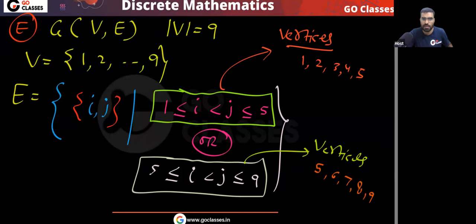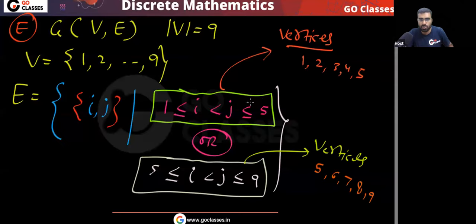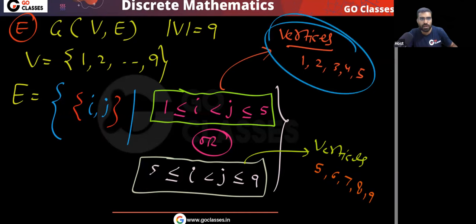So for this condition you check vertices 1 to 5, and for this condition you check vertices 5 to 9. Let's check vertices 1 to 5.